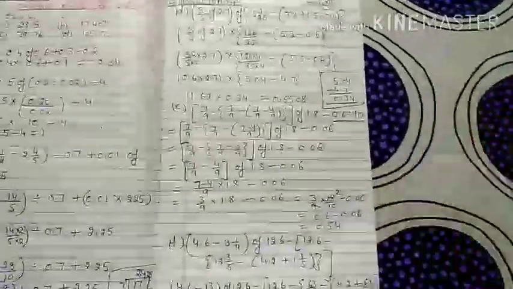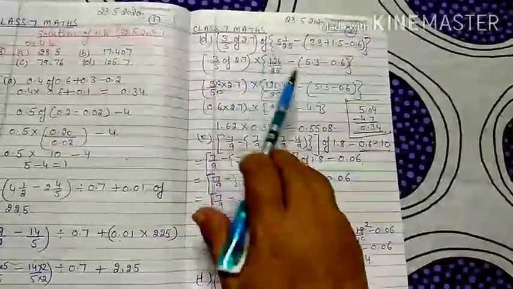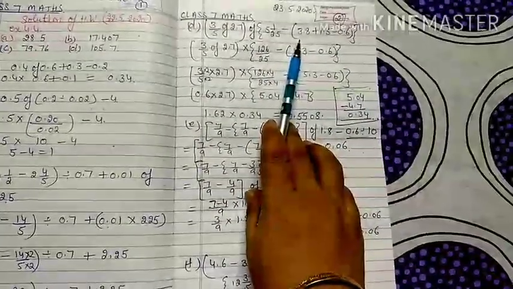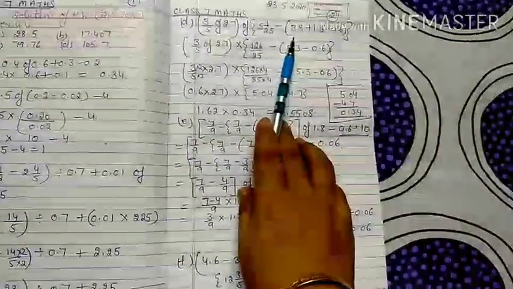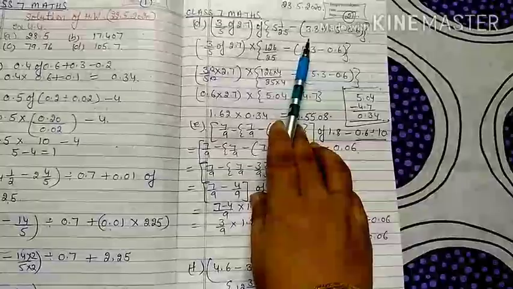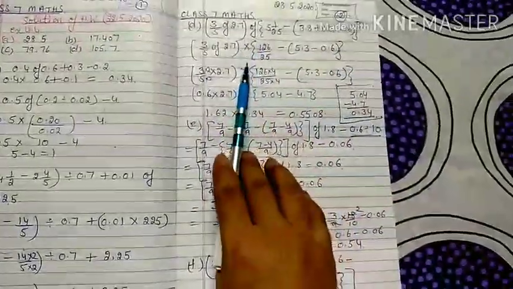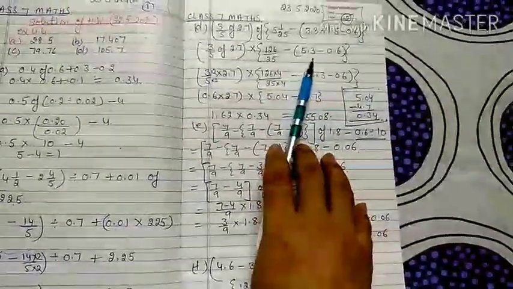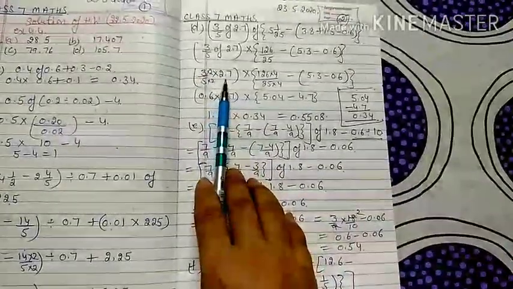Now your D part of the fourth question is 3 by 5 of 2.7 of 5 into 1 by 25 minus 3.3. This is your D part. This is 3.8 plus 1.5 minus 0.6. First we change of to multiply, then solve the brackets inside simultaneously. 5.3 minus 0.6, here 3 by 5 multiplied by 2.7.